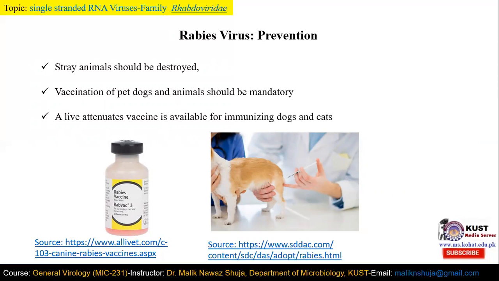A live attenuated vaccine is available for immunizing dogs and cats. Here in the figure, we can see how the dog is vaccinated.